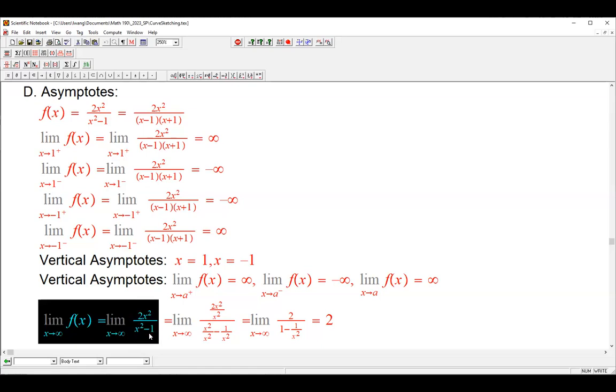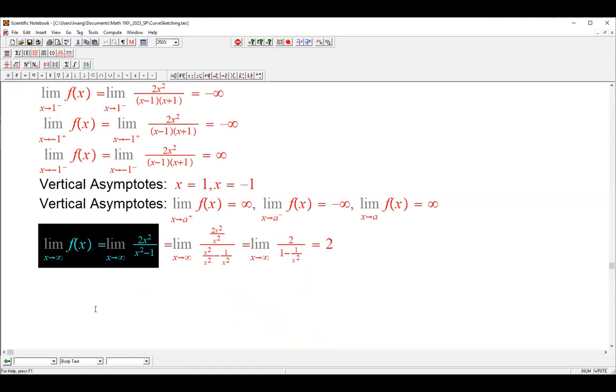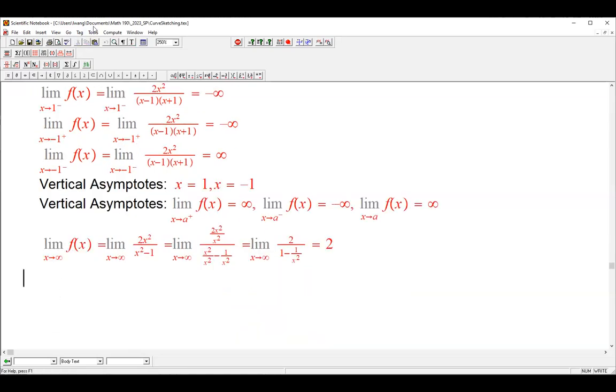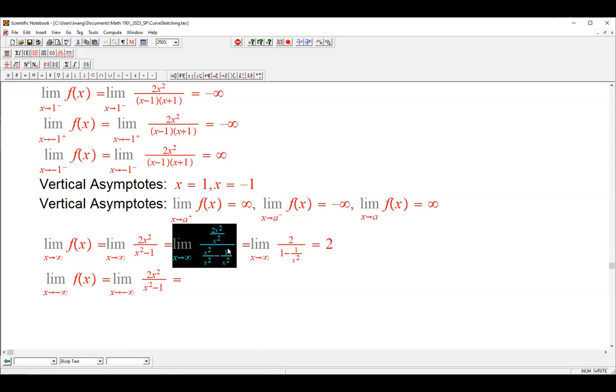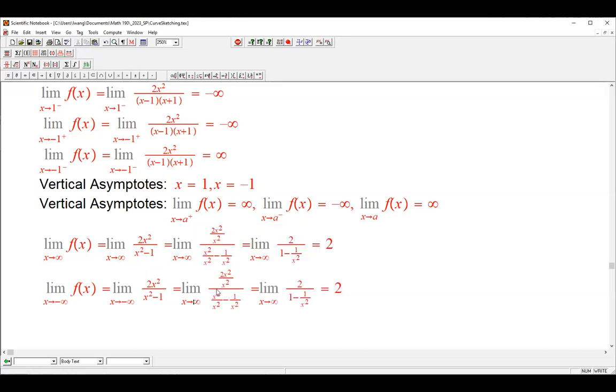Then you say, what if we approach negative infinity? When we approach negative infinity, we actually can play the same trick. In fact, because we have x squared, all of these can be repeated if negative infinity is what x approaches.